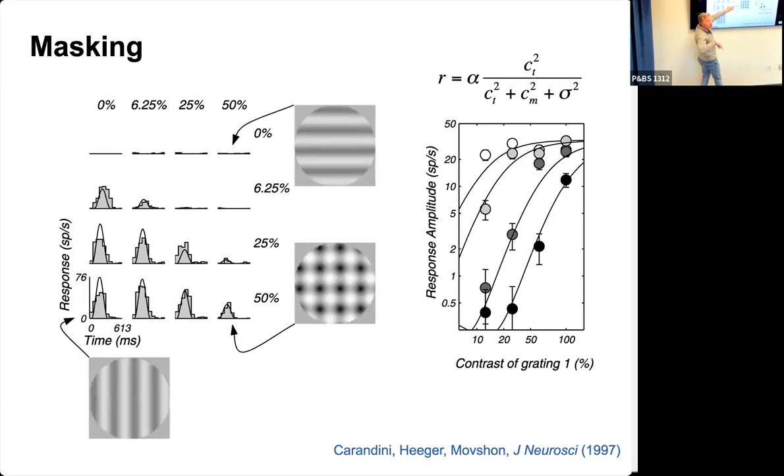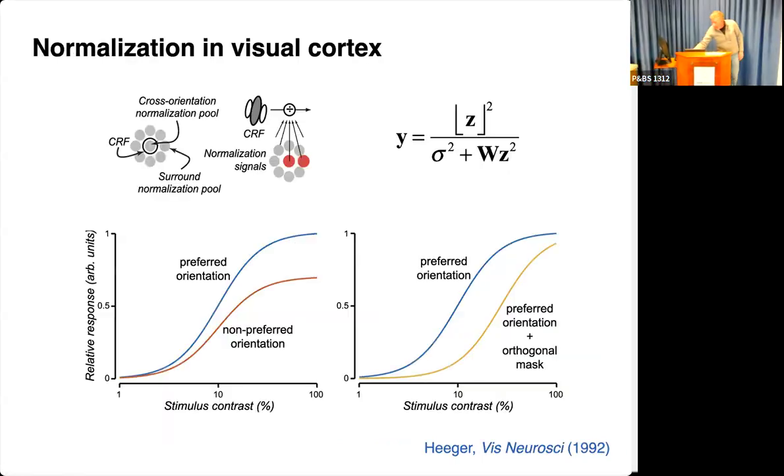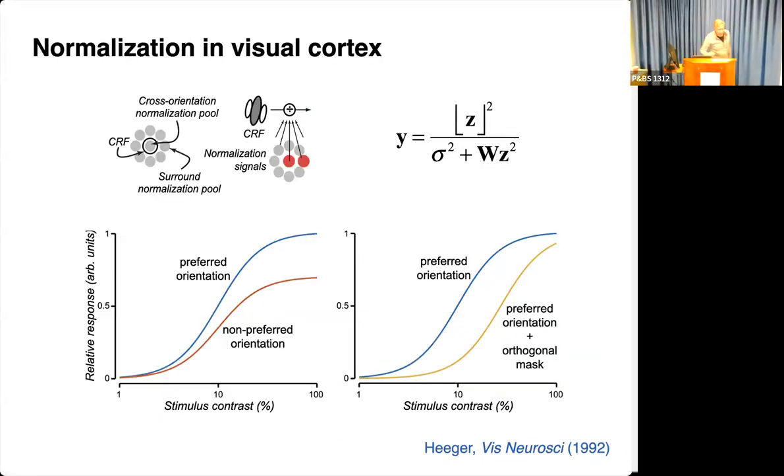So there's a mutual suppression going on somehow, originally called cross-orientation inhibition. Here's a bunch of curves showing the firing rates as a function of contrast, with no orthogonal mask presented, and as you increase the contrast of that orthogonal mask, you see a shift to the right on the log contrast axis, which is the signature of this kind of thing. So that's where this normalization idea comes in.